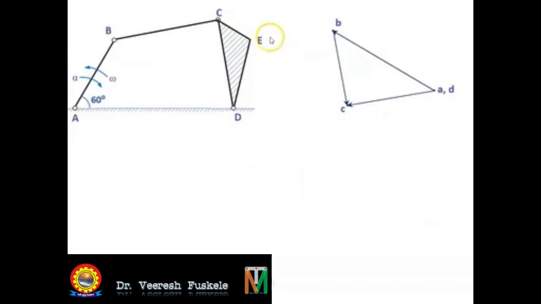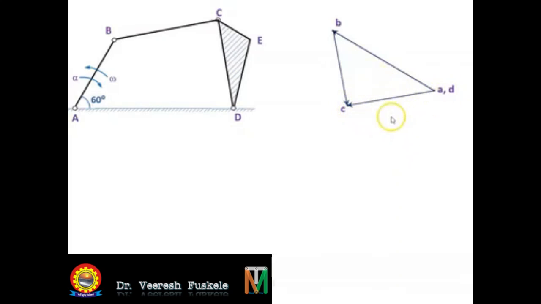So this point can be located either here or here, as we know that the ternary link, the velocity diagram of the ternary link will also be a triangle in the velocity diagram. So that triangle can be made like CDE here or CDE here.